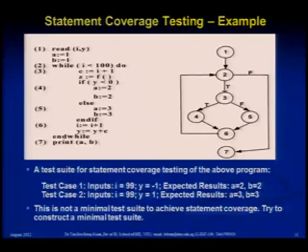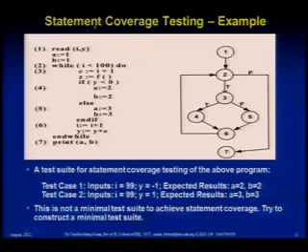But the statement says that this is not a minimum test suite. That means this test suite does not have the least number of test cases for statement coverage testing. What does that imply? That means we can actually design a test suite with only 1 test case for statement coverage testing.